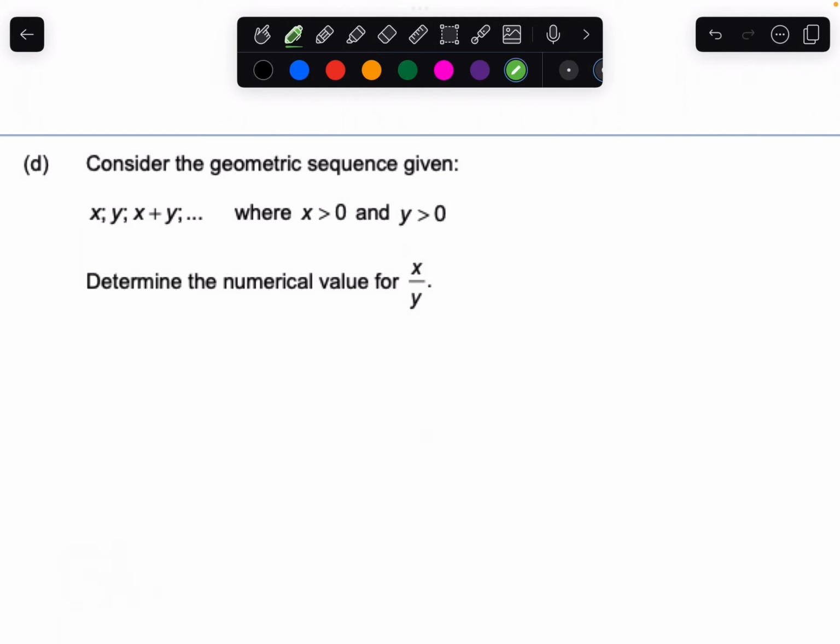So another way to think about this problem is to say, well, okay, we know that because it's geometric, the following is true: y over x, term 2 over term 1, is equal to term 3 over term 2. Okay, that much we know. So this is an equation that is in terms of two variables, x and y.